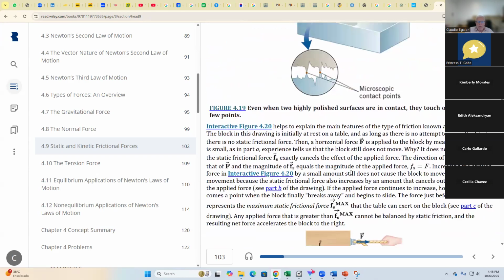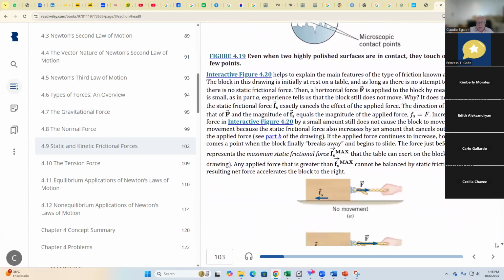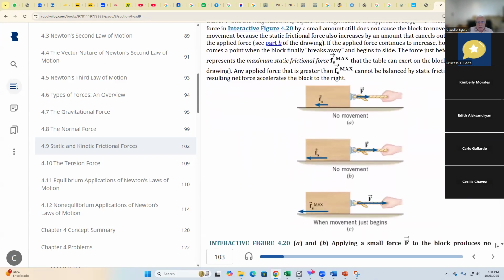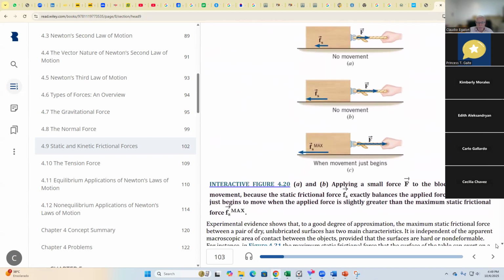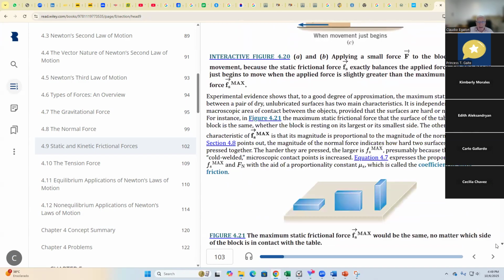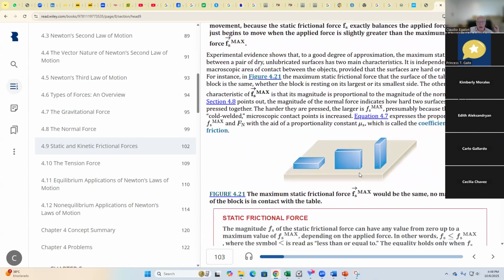Here he's illustrating exactly what I illustrated for you. As we increase the applied force, the force of static friction increases until a maximum value, where the object is on the verge of motion. This force of friction does not depend on the area of contact.